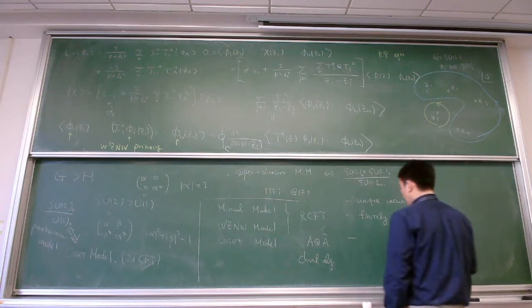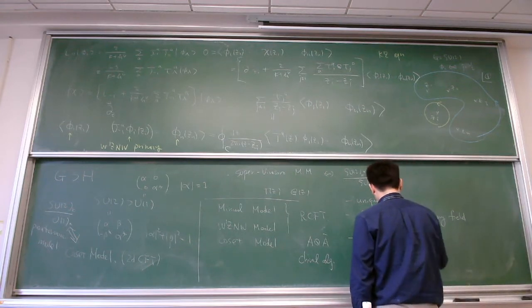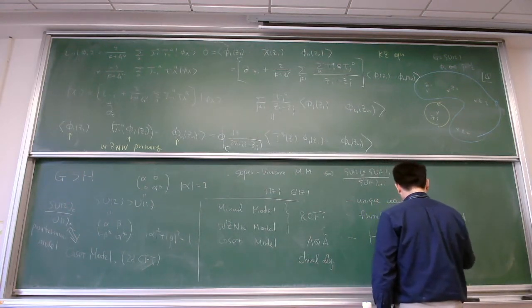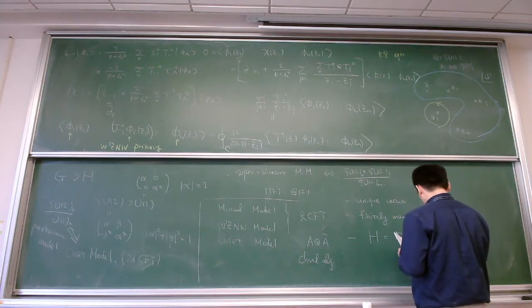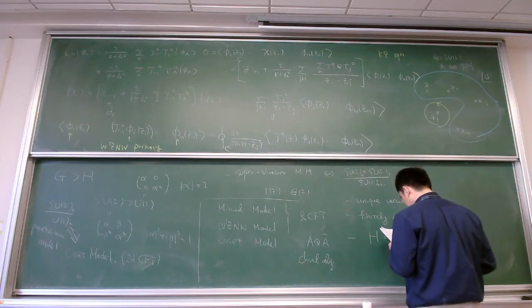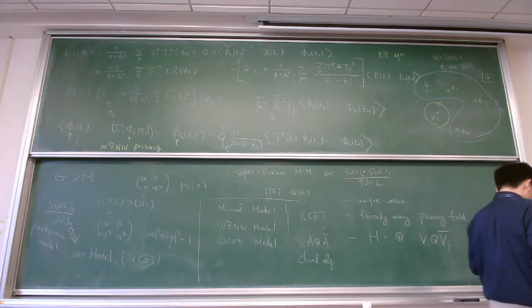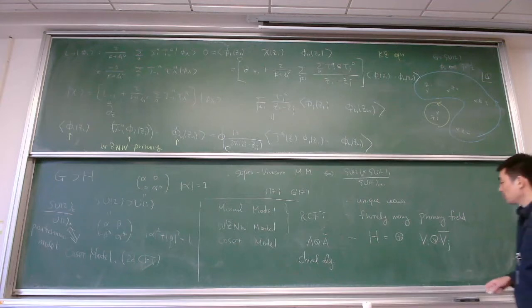Here the Hilbert space can be decomposed into a left-moving sector, or holomorphic sector, and an antiholomorphic sector, and this has a multiplicity.